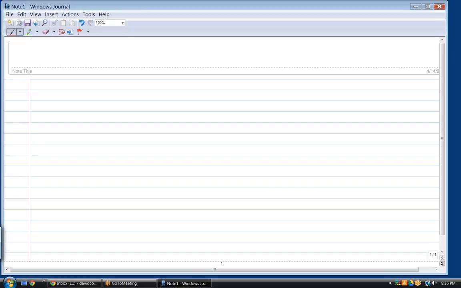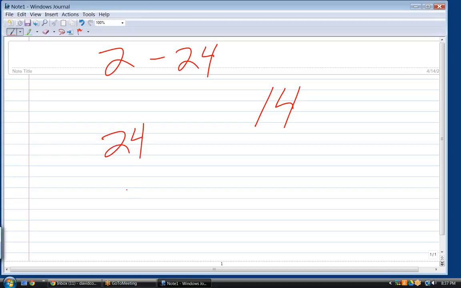Well, this one says, how many ways can the uniform numbers 2 to 24 be assigned to the JV baseball team if there are 14 players on the team? So this is either... 24, the total number is 2 through 24.